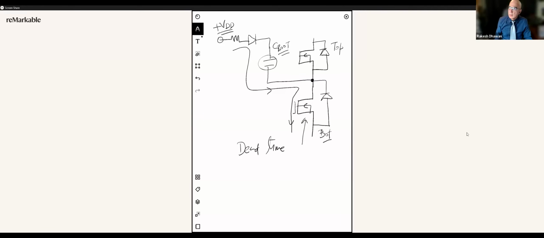We have some noise here in the background. Sorry, can we mute? Okay, so what happens in the dead time? In that time, there is no charging of the boot capacitor. But the interesting part is, if you have a large enough boot capacitor, you can probably go off for several cycles before it requires a charge.